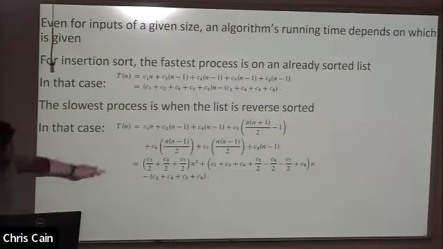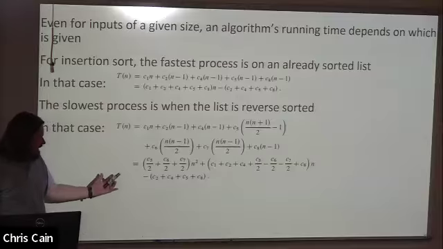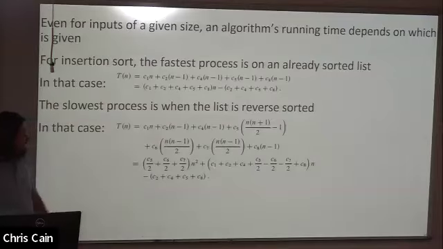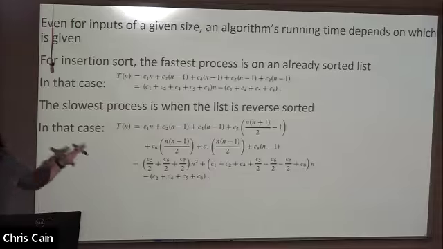Look at the simplest form down here to give you a sense of it: we have C5 over 2 plus C6 over 2 plus C7 over 2 times n squared plus C1 plus C2 plus C4 plus C5 over 2 minus C6 over 2 minus C7 over 2 plus C8 times n minus C2 plus C4 plus C5 plus C8. So we have some constant times n squared plus some constant times n minus some constant. And this should, once we analyze this asymptotically, lead us to a quadratic assumption.